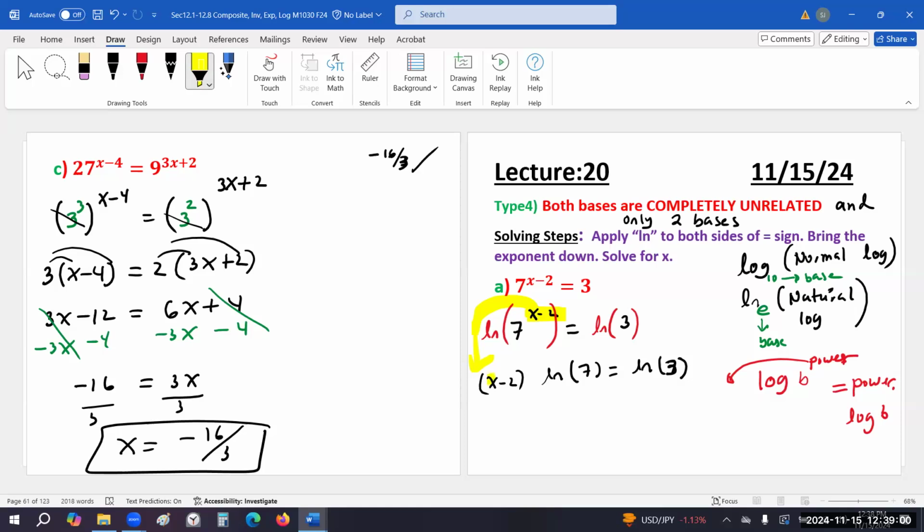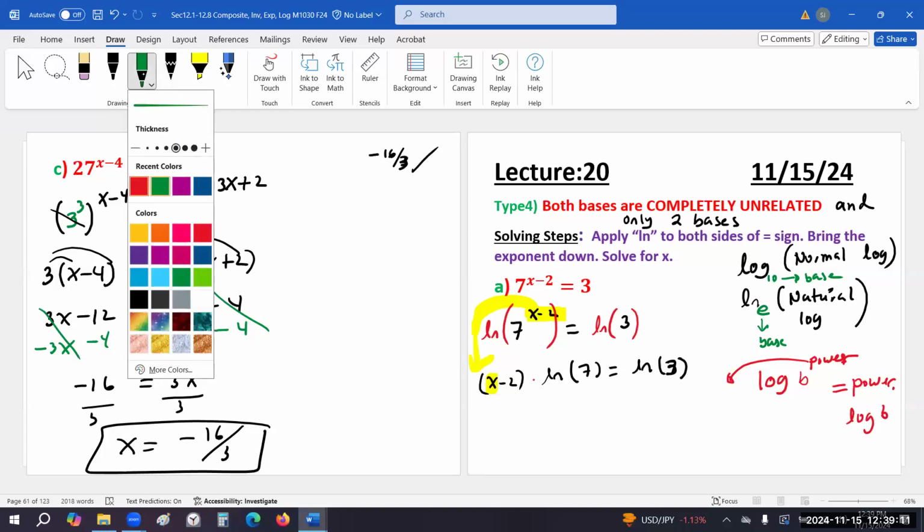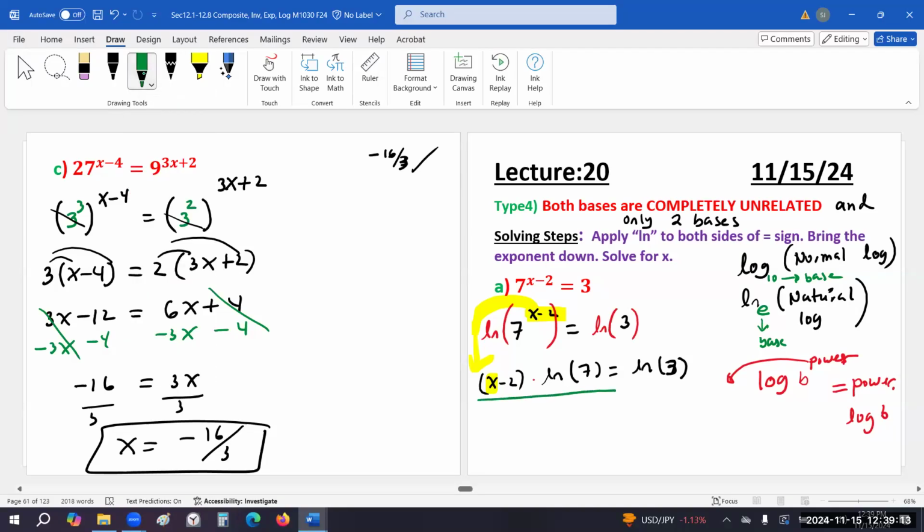Since our goal is to get this x alone, and between x-2 and ln 7 we have an invisible multiplication, in our next step we want to get rid of this ln 7. So we divide both sides by ln 7, and they cancel out.